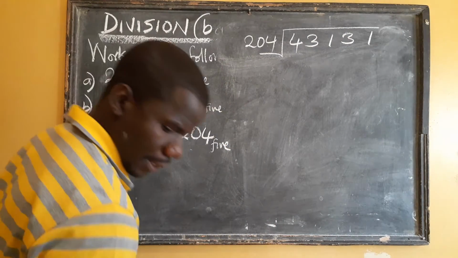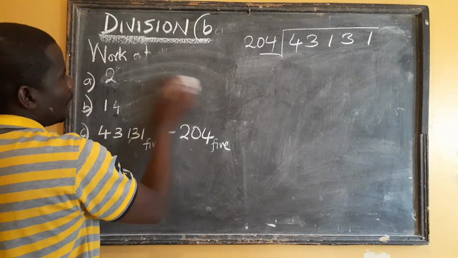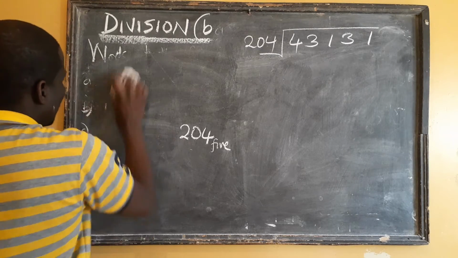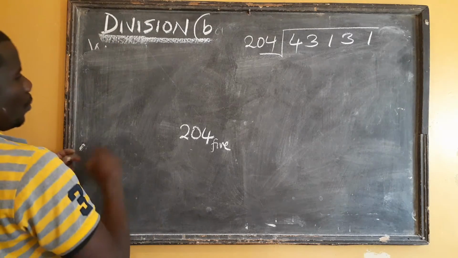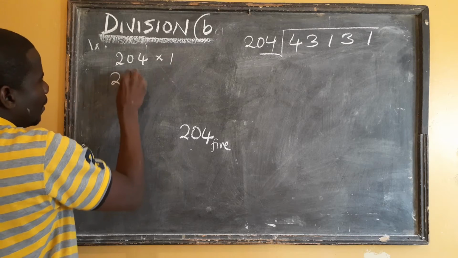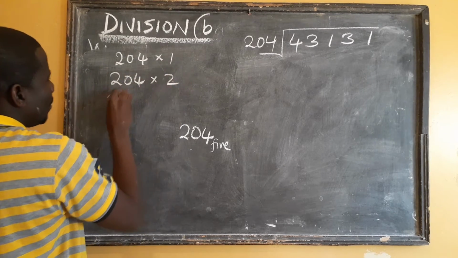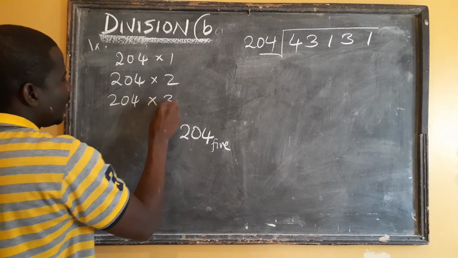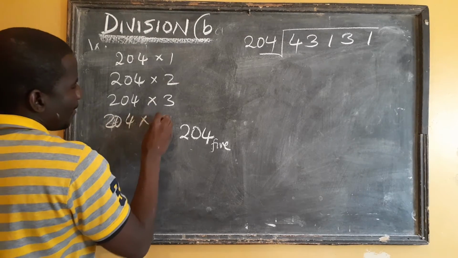So, just like I already said, we need to multiply this number by 1, by 2, by 3, and then the last one by 4.